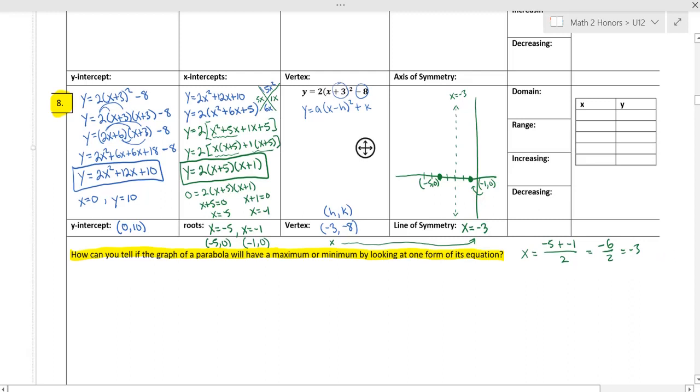I have a vertex at (-3, -8). I have a y-intercept at (0, 10).